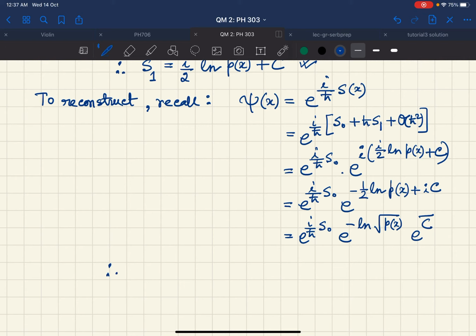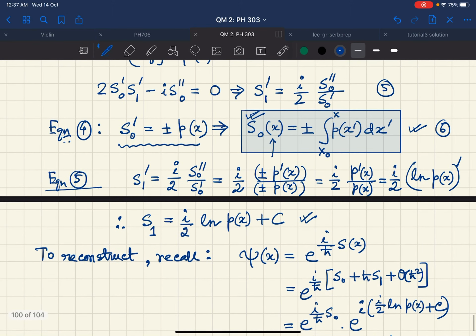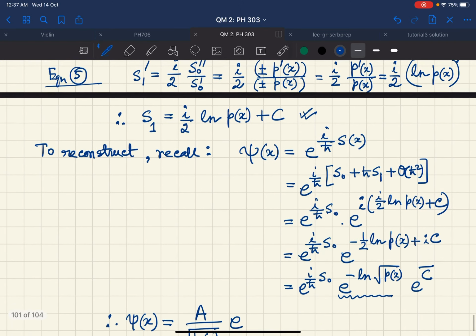Therefore it is very easy to write psi of x as, since I have e to the minus log of square root p(x), some constant A divided by square root p(x), and then e to the power S0, which I know is plus or minus the integral of p(x') dx'.